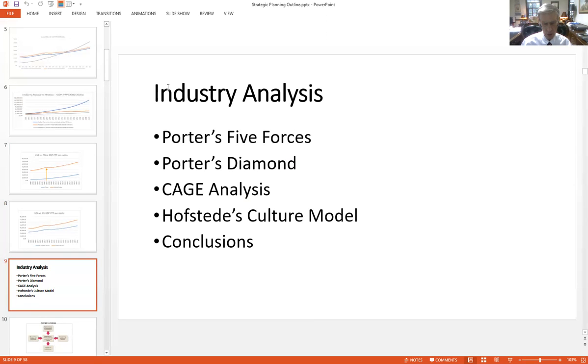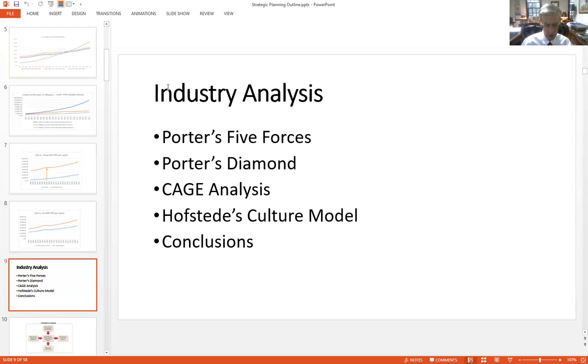Essentially, it gives us a way of looking at the threat of new entrants to an industry in Porter's five forces. Hofstede's culture model, which we'll also talk about, gives us some insight into the C in that CAGE analysis. Takes a little more work, but it's an interesting model, and we'll have a quick look at it.